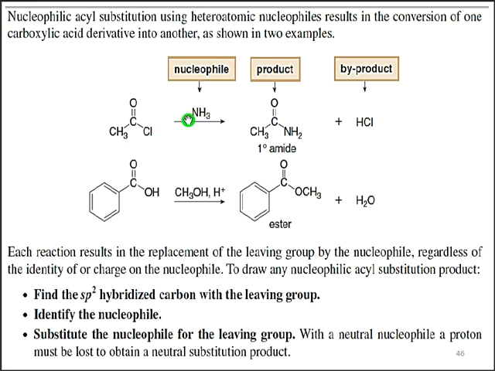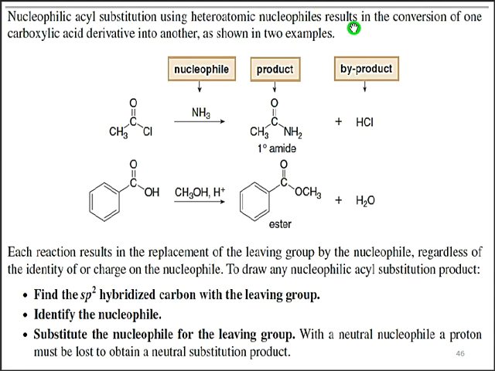That means the carboxylic acid derivative will be changed from one to another. That is nucleophilic acid substitution using heteroatomic nucleophiles. What does heteroatomic nucleophile mean? It means the atom of the nucleophile is not like the atom of the leaving group.